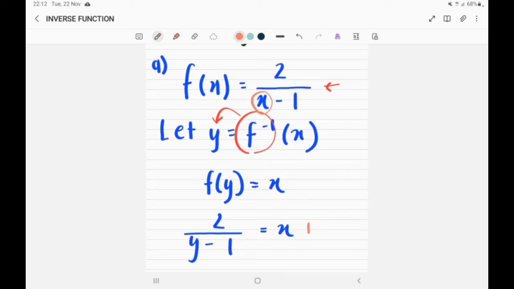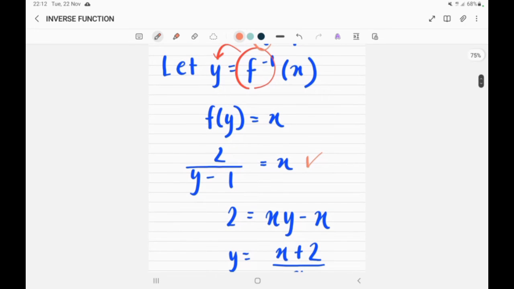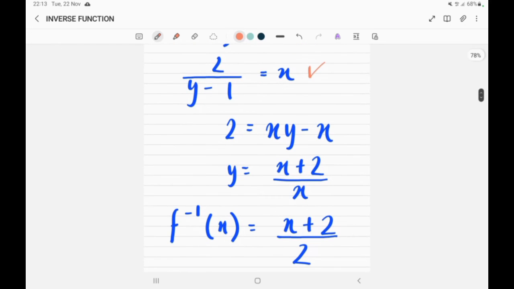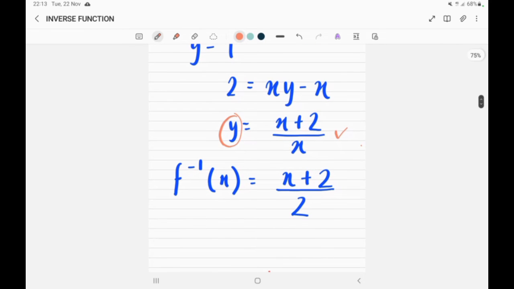So you will get 2 over x minus 1 equal to y, equal to x. Then you simplify this expression, making sure y is equal to something, because we want to express this in terms of x. When you arrange and simplify the expression, you will get your inverse function, x plus 2 over 2.